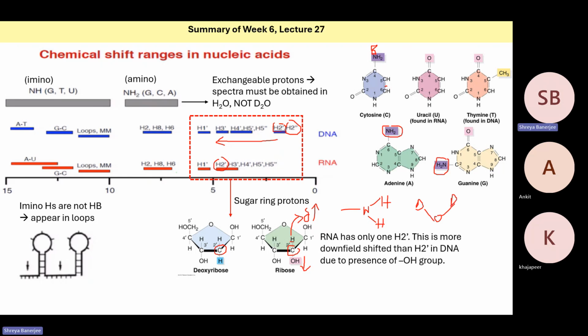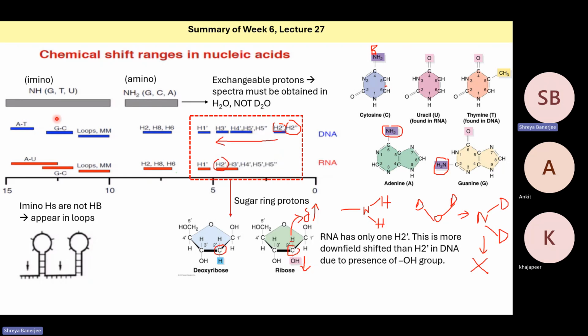Now, amino protons can exchange with D2O to give you deuterium, and we know deuterium is not NMR active. So this is NMR inactive. You will not see any NMR for this. So if you take the spectra in D2O, often you will not be able to see the amino protons because they are exchangeable protons. So often in order to see the amino protons, the spectra has to be taken in H2O.